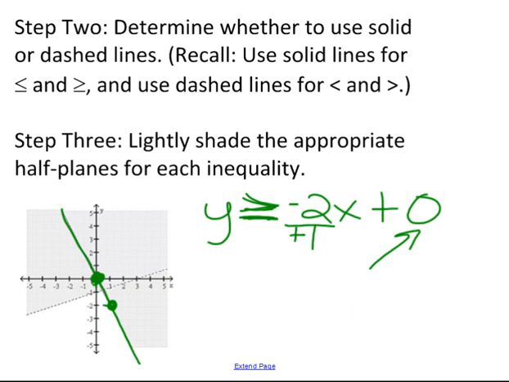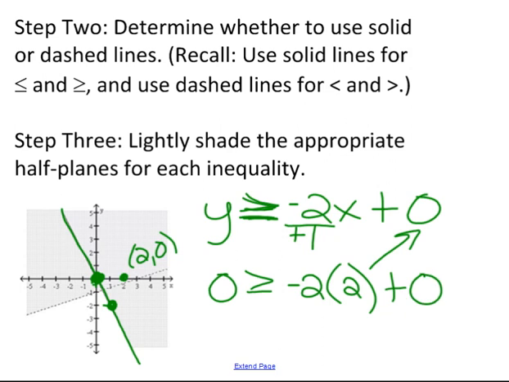So pick some other point, it doesn't matter what. I don't know, let's pick the point (2, 0). I just randomly chose that point. So this is the point (2, 0), that's my test point. My y is going to be 0 then, -2, my x value is 2. And I want to check to see if this is true or false.